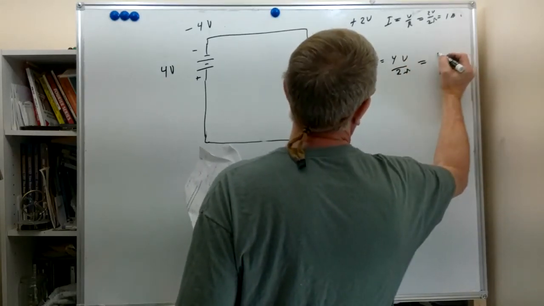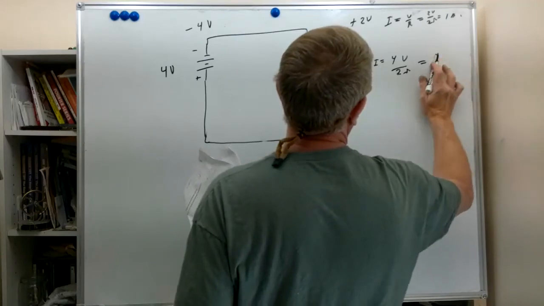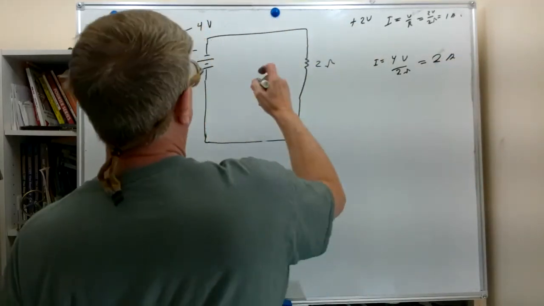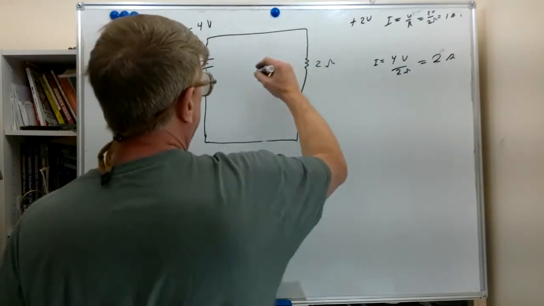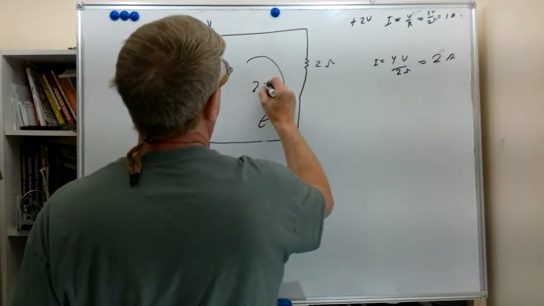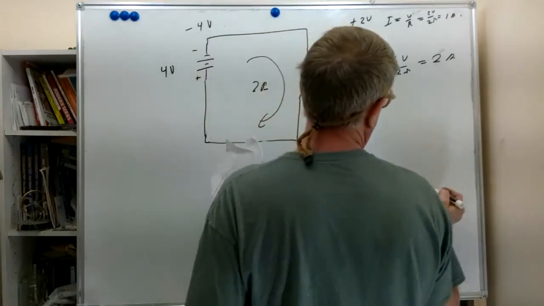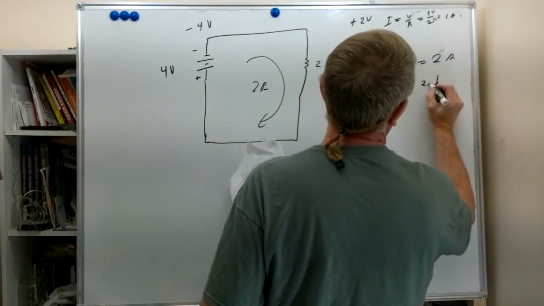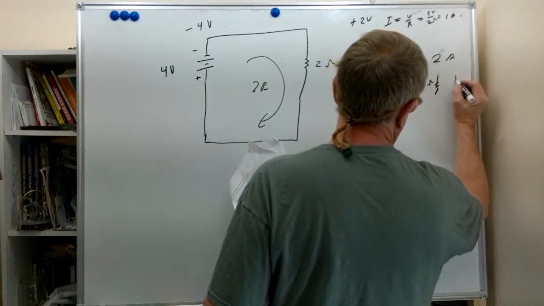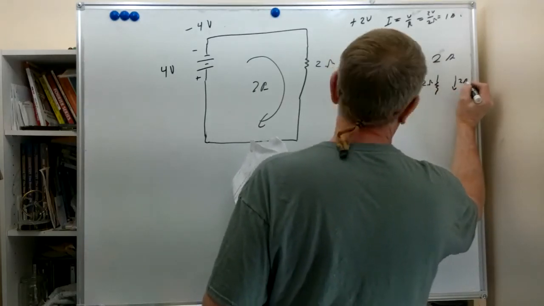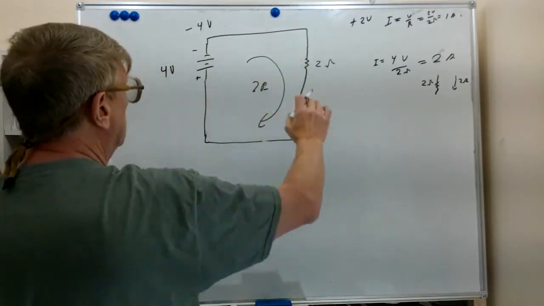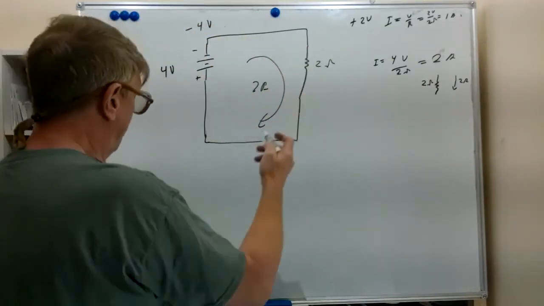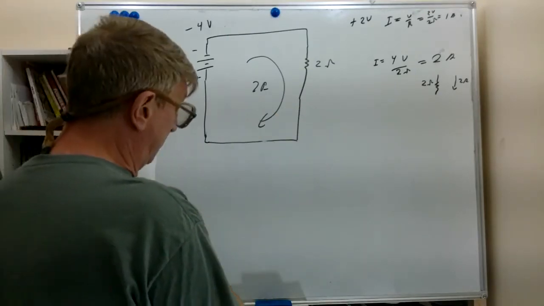This equals 2 amps. And being it's negative to positive, we have current this way. So we're going to remember this, we're going to draw the little resistor, 2 ohm, and we're going to draw a 2 amp arrow to indicate that with the 4 volt alone, the current is in the downward direction in this particular drawing.